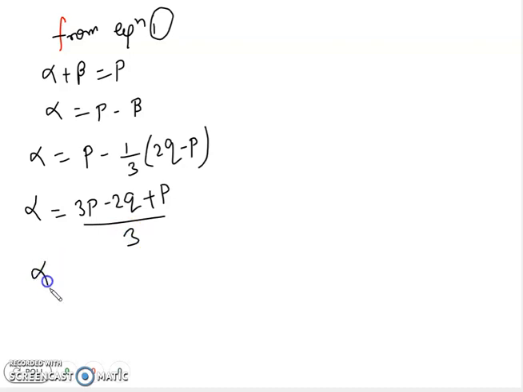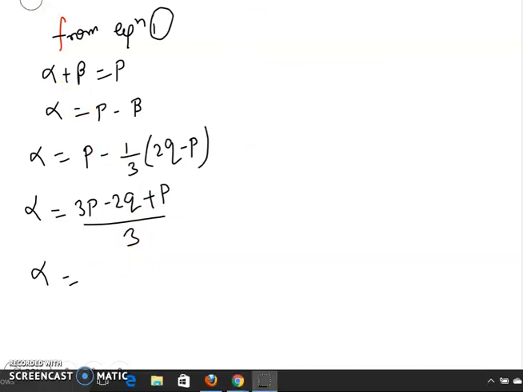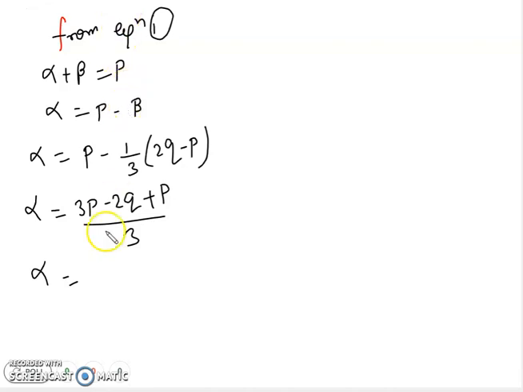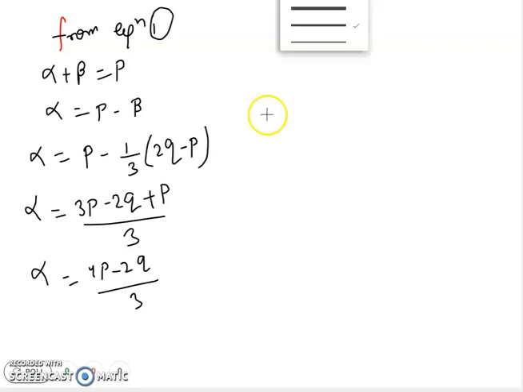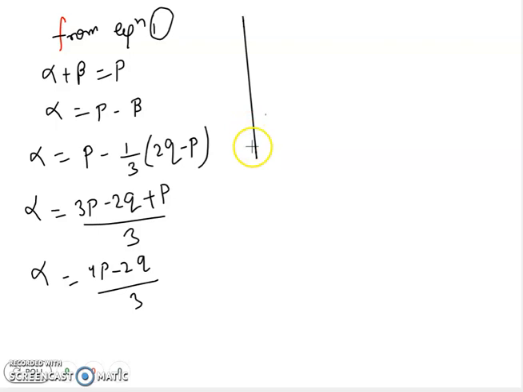So alpha is equal to 4p minus 2q by 3, right? Are you getting my points? Okay, we will take the common factor.